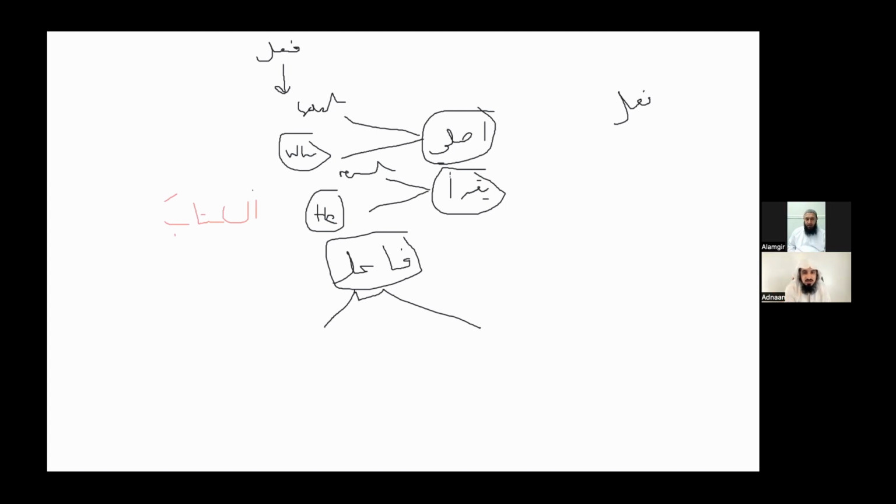So yadribu is on the wazn yaf'alu. Okay, you'll take this later. And yastayqidhu, right? Anything with a sin and has that type of structure generally has a meaning of seeking something, asking for something. From yastaf'ilu, and we'll go into that. That's part of sarf, inshallah.